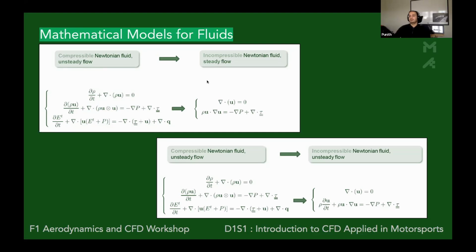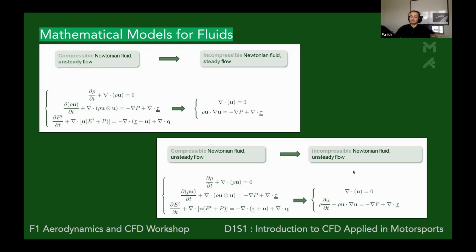So what is used is, going from a fully compressible and unsteady formulation of the equations, we're going to an incompressible and steady state flow, and it simplifies to that. You take out the time parameter, and then also the density, because it's incompressible, and then you've got another formulation where you go to incompressible, but you keep the transient nature of the equation, so it's unsteady.